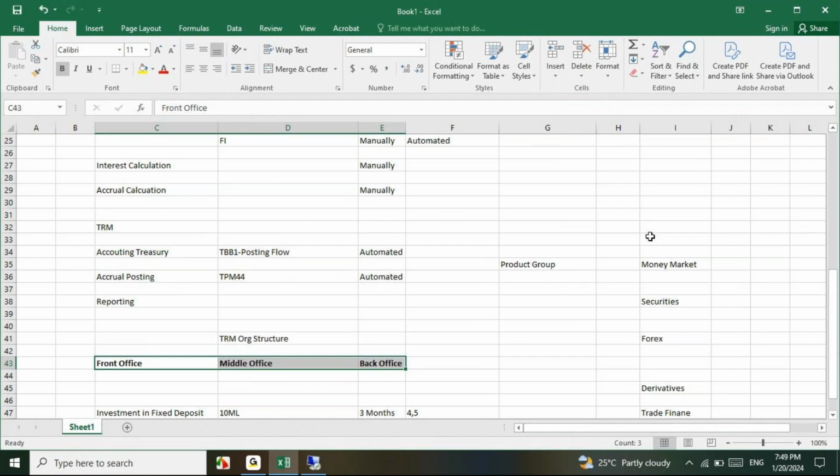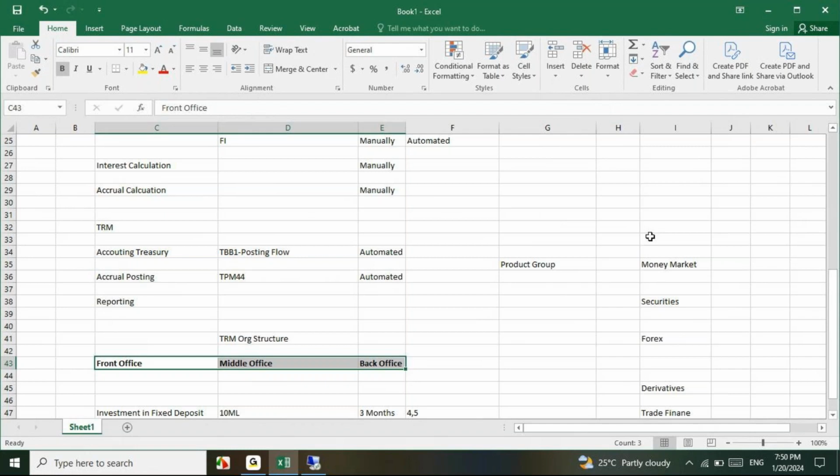Because if you do not have the SAP TRM module, then the reminders or reports would not be available. All the accounting posting will happen manually. It would be difficult for people to remember. If the people doing those things leave for a week, another person may not be able to understand, because nothing is properly flowing. So only the one person who is doing it is able to understand.